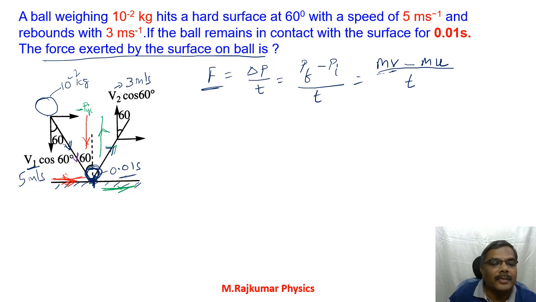And what is rebounding back is in the upward direction, so I take it as the final momentum, p y f. This is your initial momentum. Along the x-axis you have the same direction, so p x initial momentum, and this one is p x final momentum. Okay, rewrite it again.